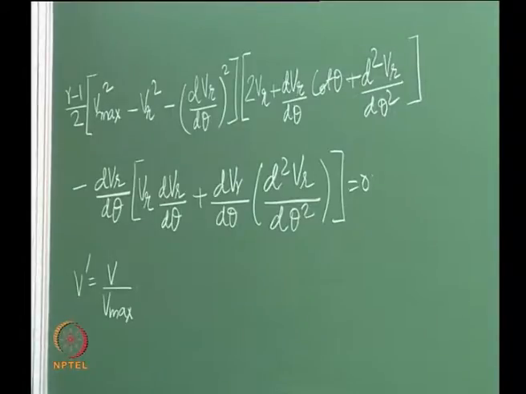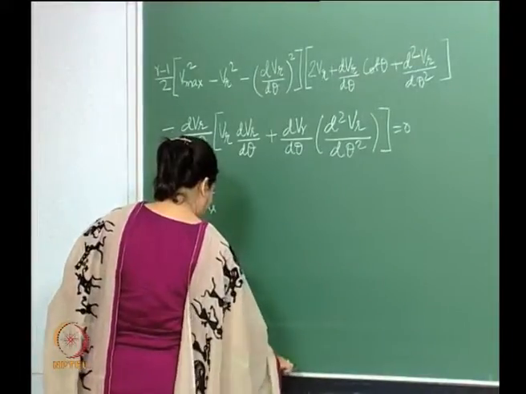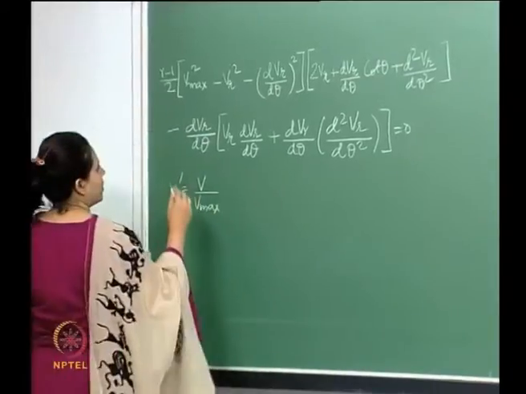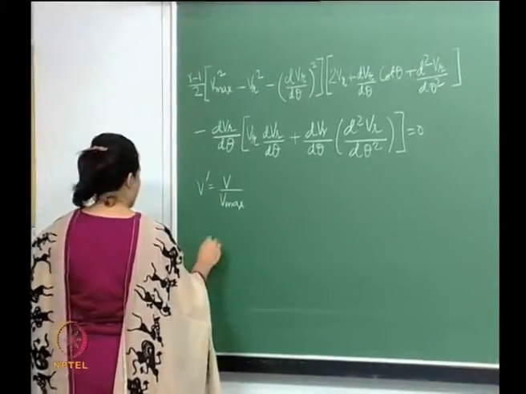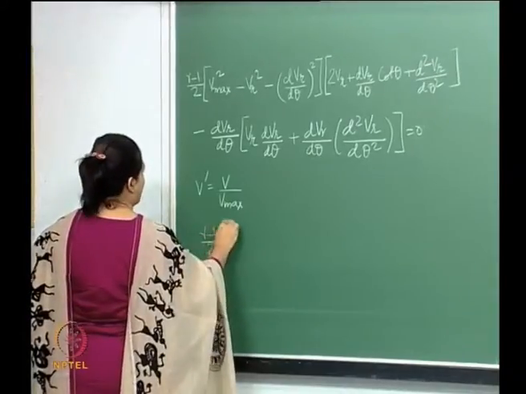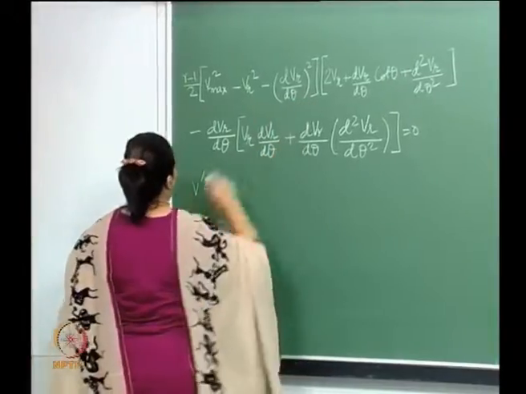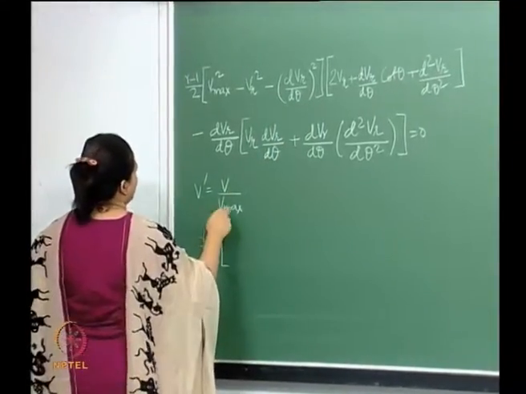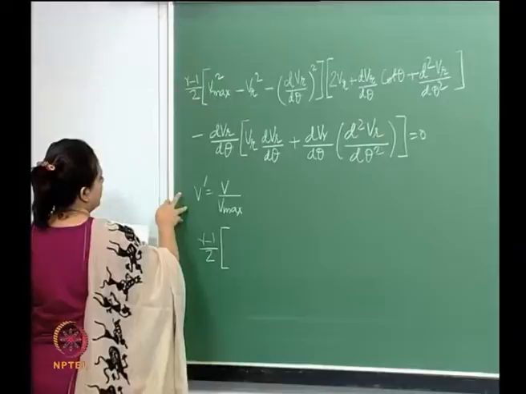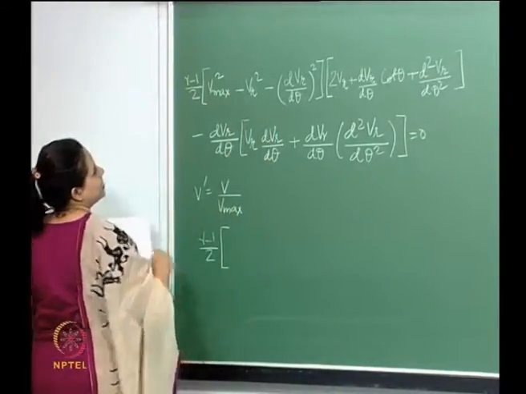Okay, so I am just going to write this down. What we get as the equation is this, and this is the first bracket. Basically, I divide throughout by V max square.